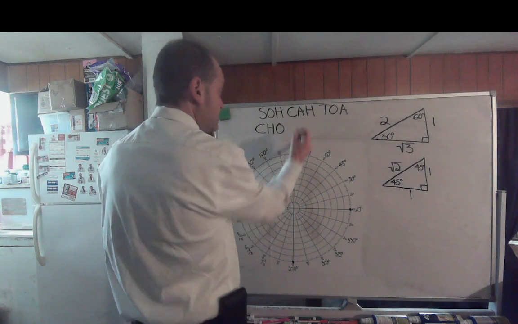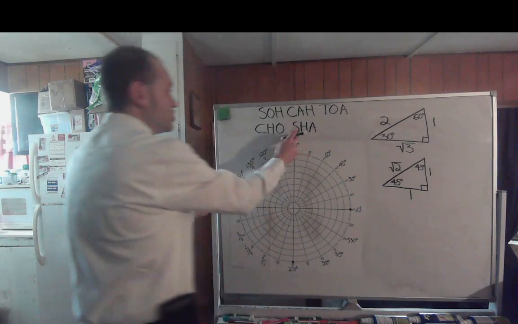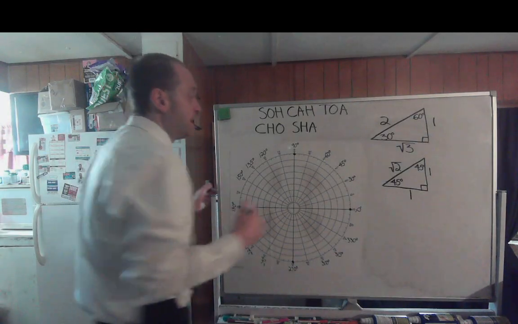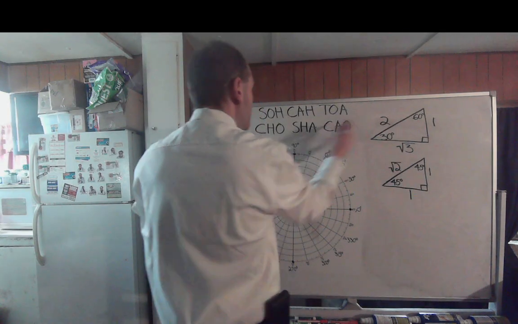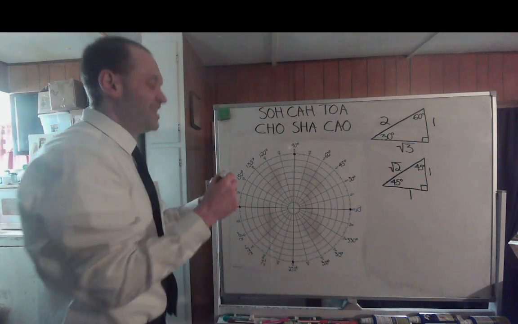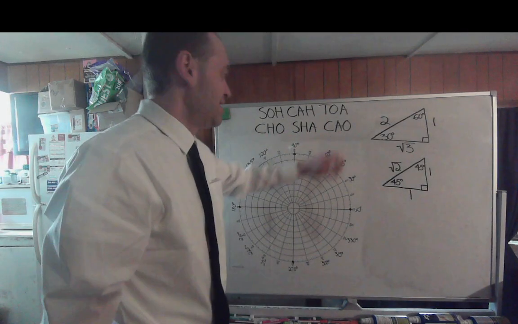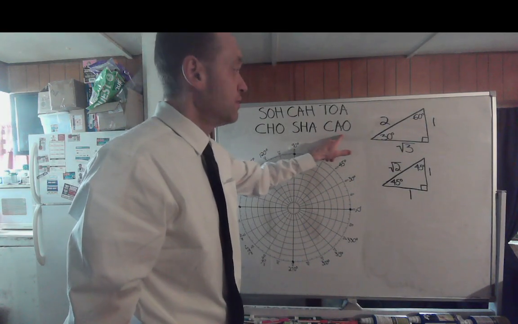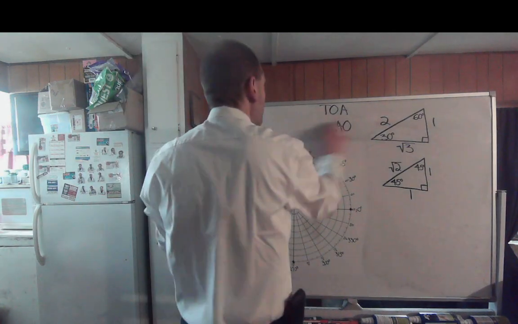The secant, so that would be cho-sha. So secant is hypotenuse over adjacent. And then cotangent, cao. Ka-toa cho-sha-cao. So you would have the cotangent is the adjacent leg over the opposite leg. And we'll get into all that here in a minute.